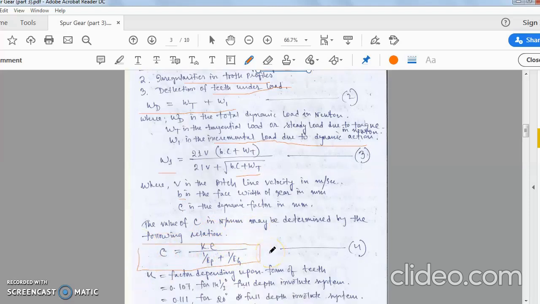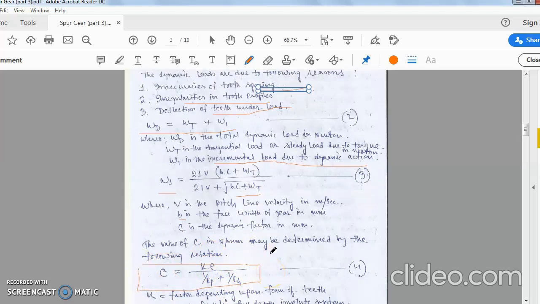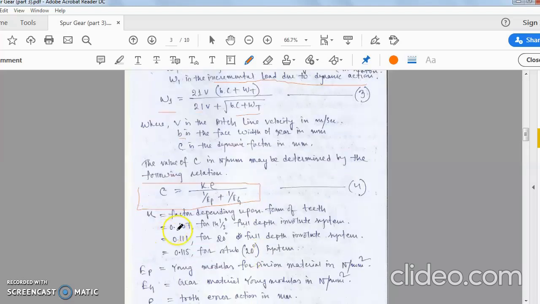C is K into E times 1 by EP plus 1 by EG. K is the factor depending upon the form of teeth, equal to 0.107, 0.111, 0.115. So for three different gear tooth conditions with three different pressure angles, you can find the value of K. EP is the Young modulus for pinion material in Newton per millimeter square.